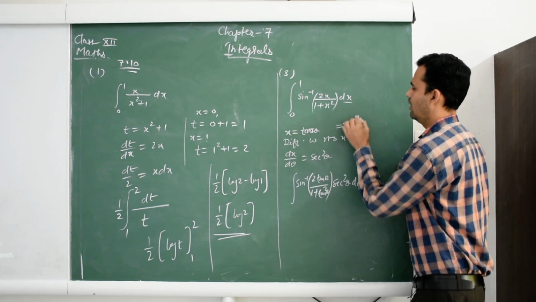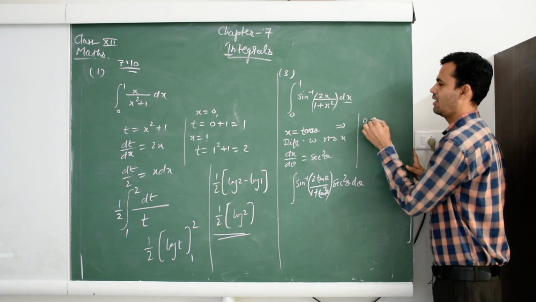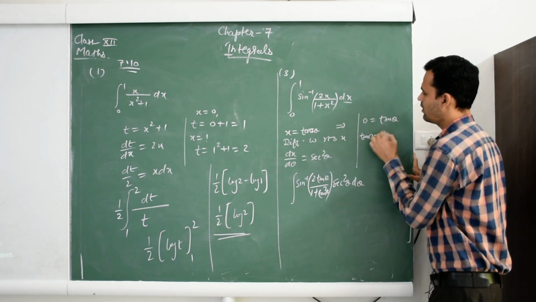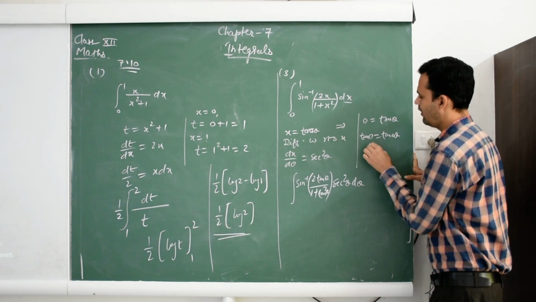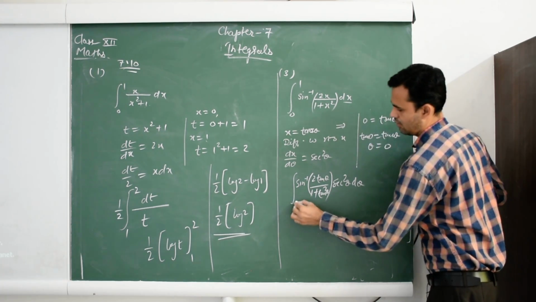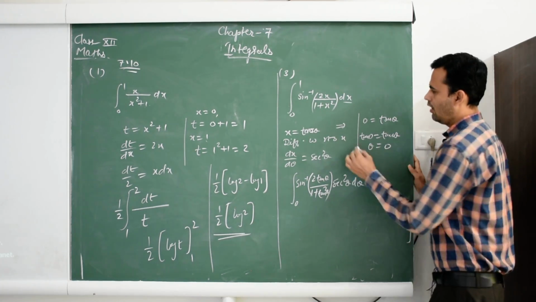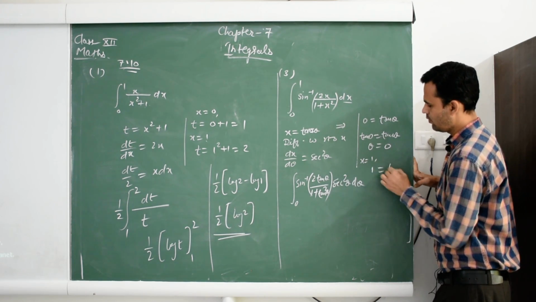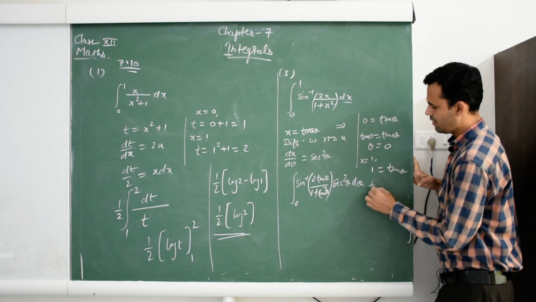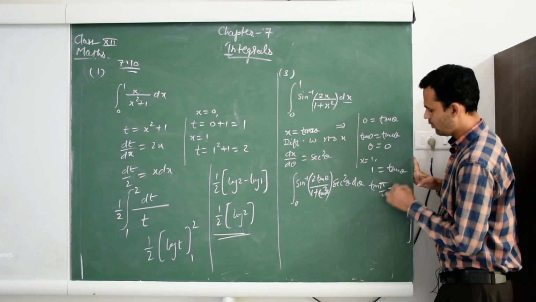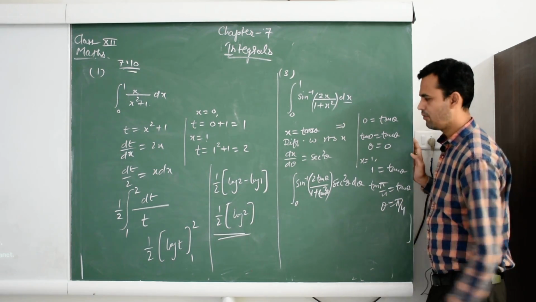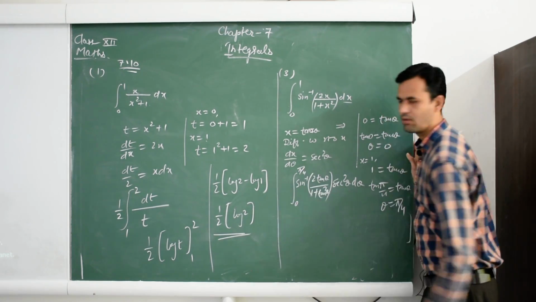First we put x as 0, so tan theta equals 0. We know that tan 0 equals 0, so the lower limit is 0. And again we put x equals 1, so 1 equals tan theta, which means tan pi by 4 equals tan theta, so theta will be pi by 4, and that is the upper limit.